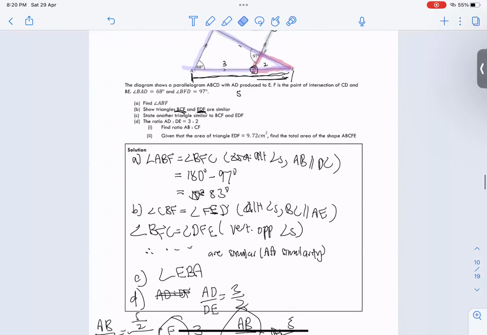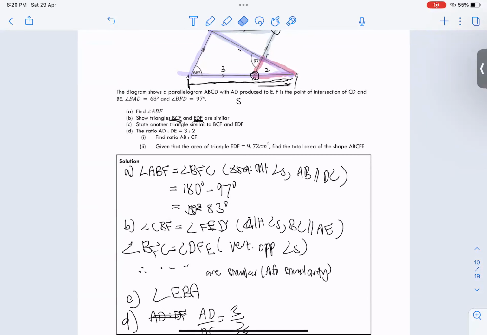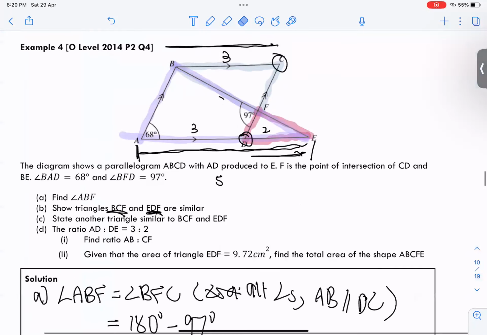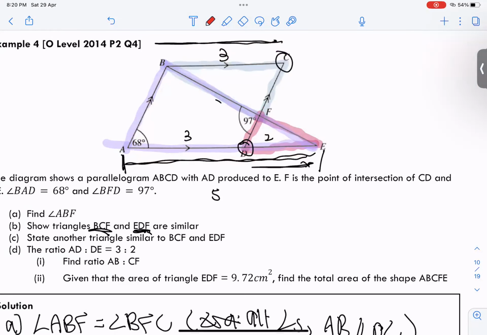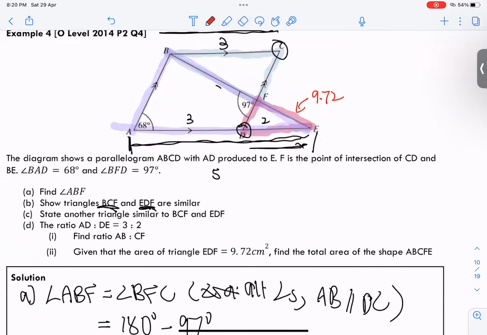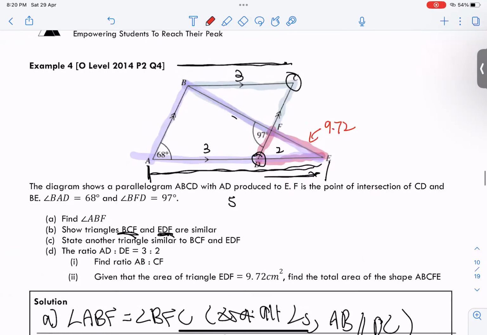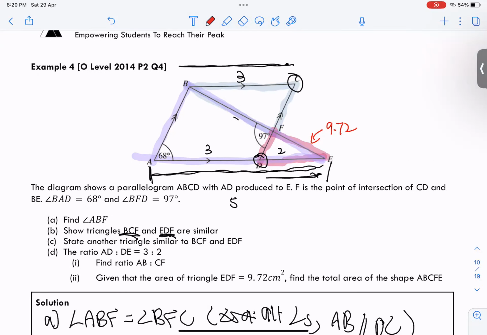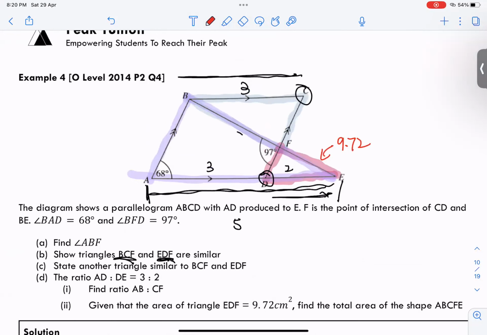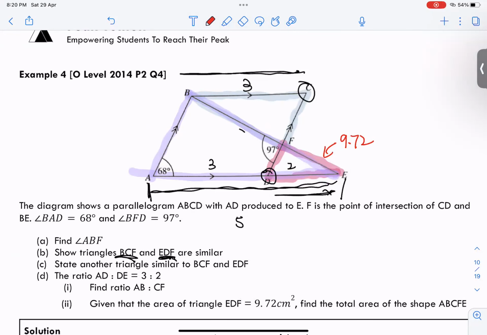And the next one, this one is just the formula you need to use. Given that this area is 9.72, then we need to find the total area of the whole shape. And because they are all triangles that are similar, you can just add up the areas of these three triangles.